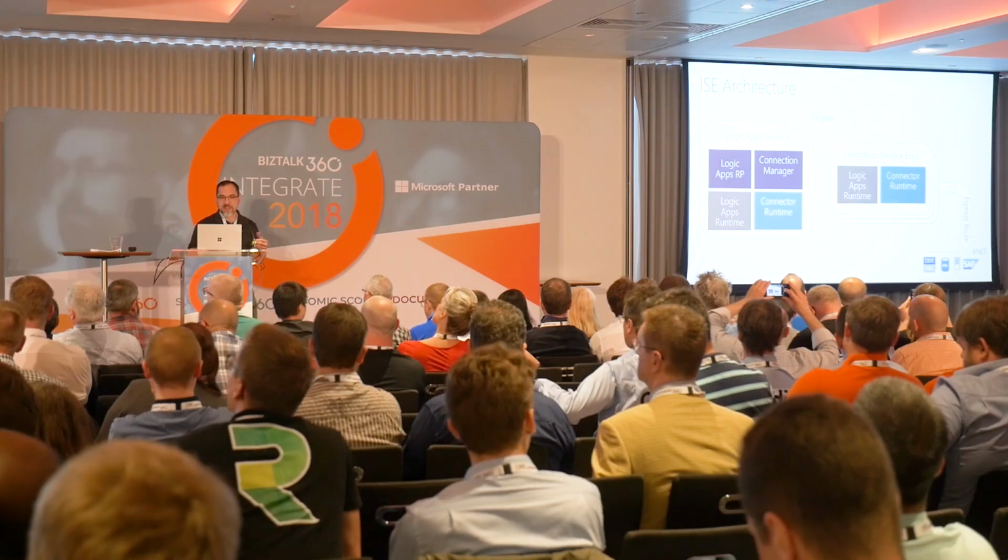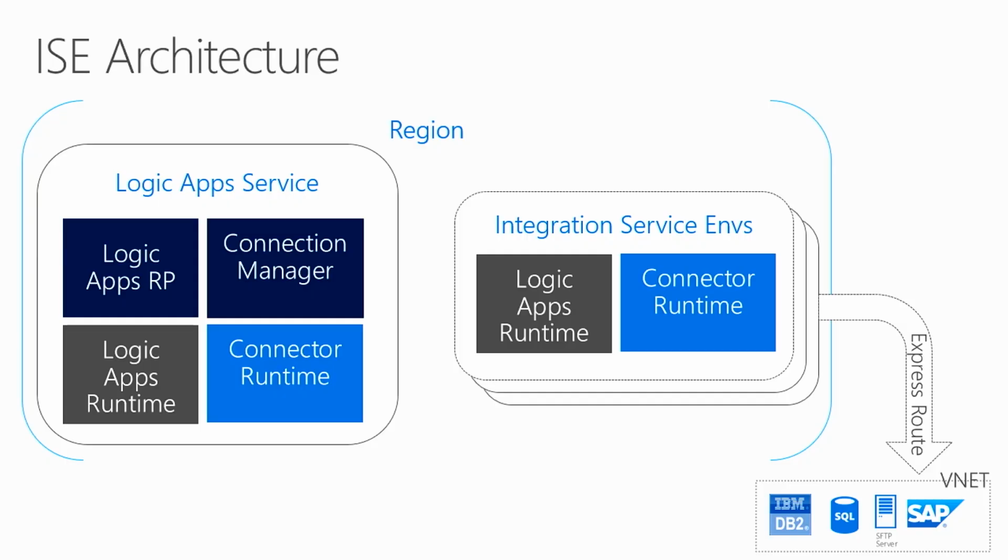And then if you have an ExpressRoute to your on-premises, you can integrate that environment into your VNet to be able to talk directly to your on-premises resources. Then you have control over that VNet. Pause there. People take pictures.